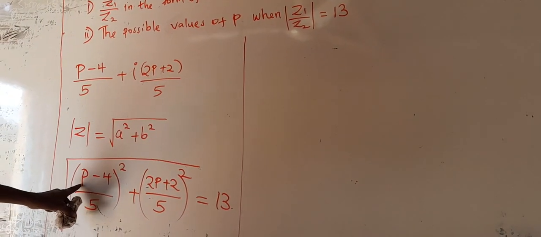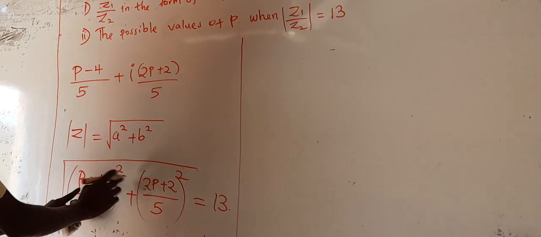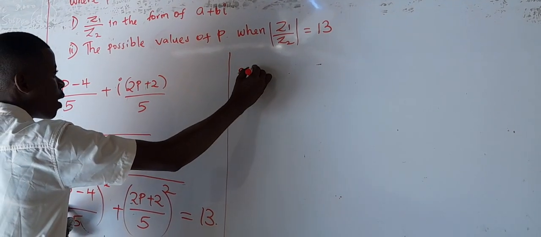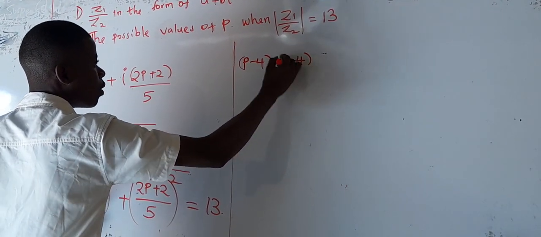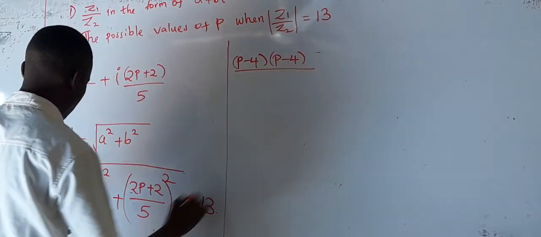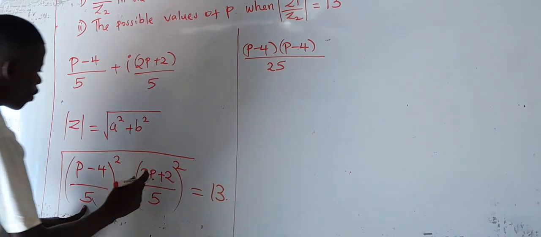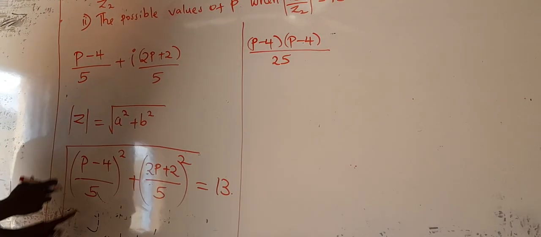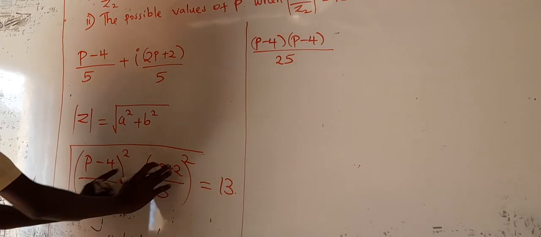So let us start by expanding this one. P minus 4 squared can be written as (P minus 4)(P minus 4), over 5 squared, which is 25. So we are going to introduce our square root sign after we have expanded this one. Let us first deal with what is inside the bracket.